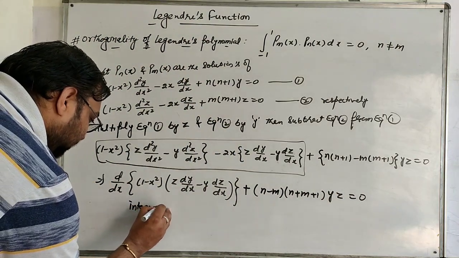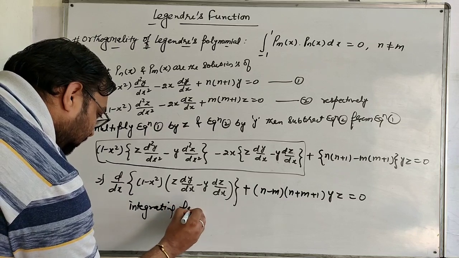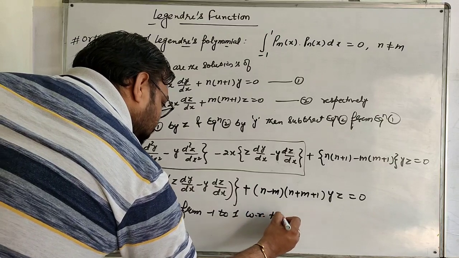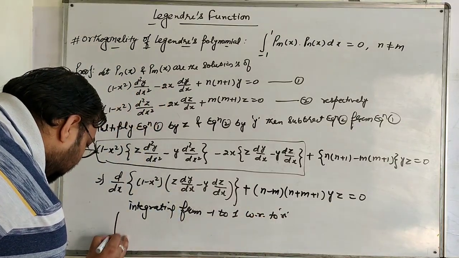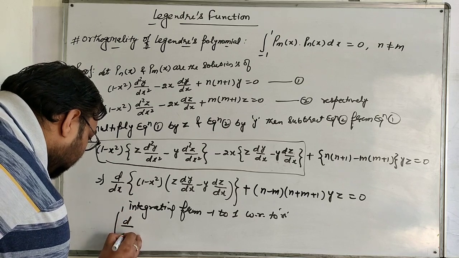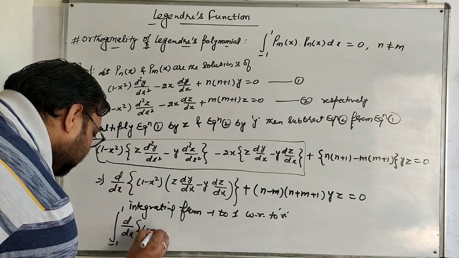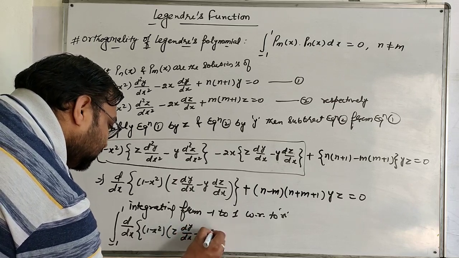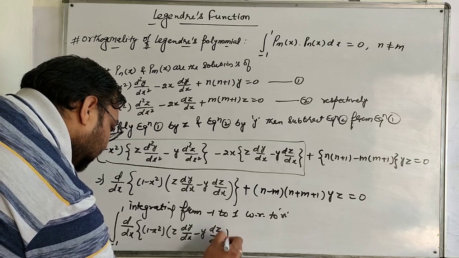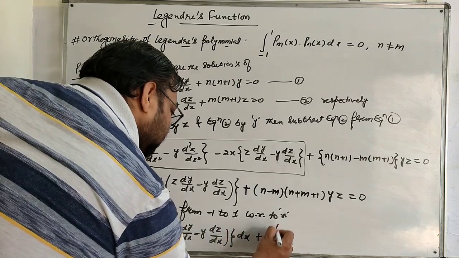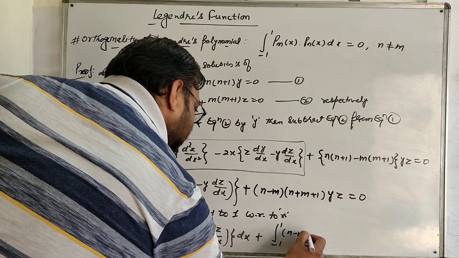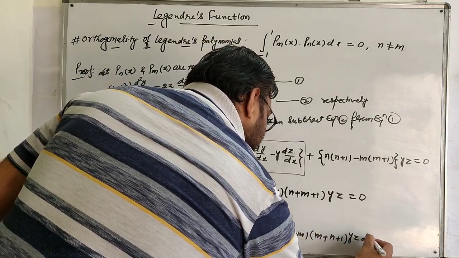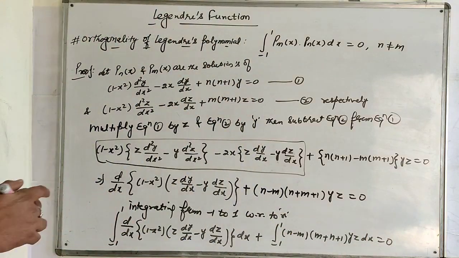Integrating from minus 1 to 1 with respect to x. So integral minus 1 to 1 d upon dx of (1 minus x square) (z dy over dx minus y dz over dx) plus integral minus 1 to 1 (n minus m)(n plus m plus 1) yz dx is equal to 0.